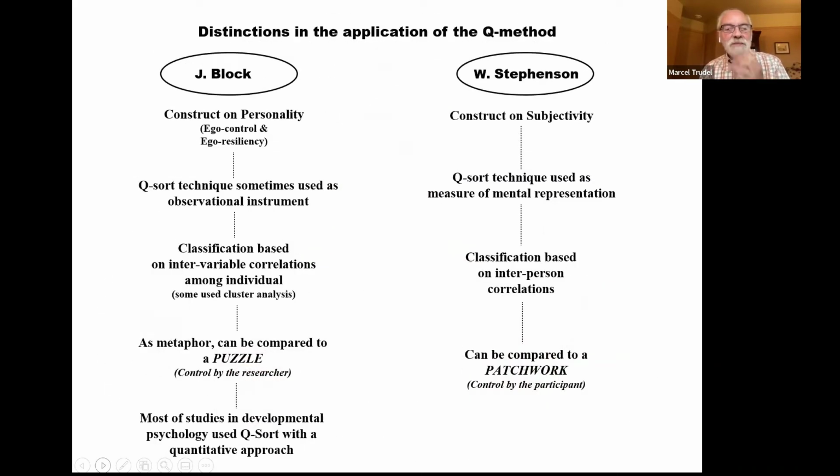That's the contrast between Block and Stephenson. If you disagree with me, don't hesitate to say so. For Block, it is much more a model of construct of personality, and he used the Q-sort as an observational tool, much more interested in inter-variable correlation compared to Stephenson.